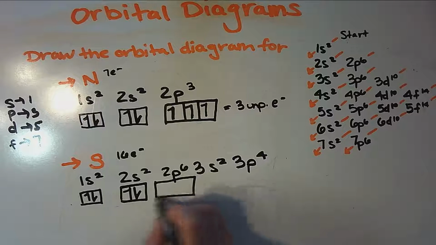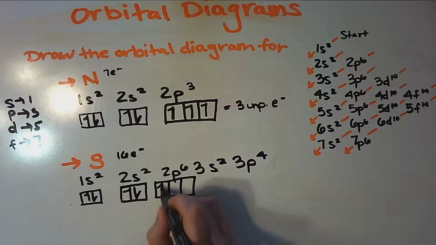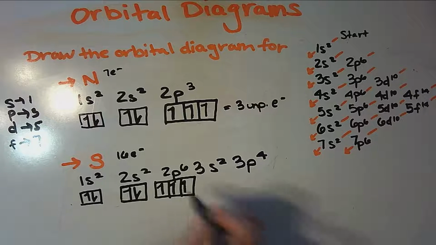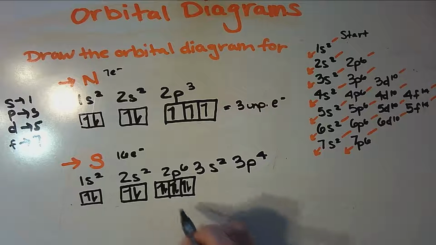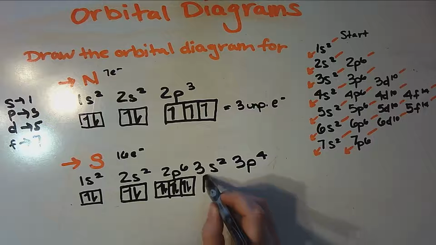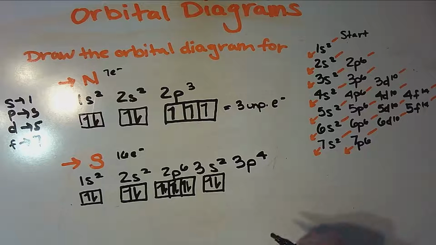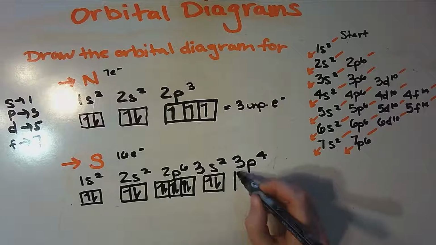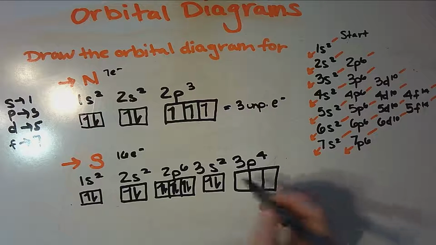2p6, there's 6 electrons total, but remember they're going to try and fight for their own spot first before pairing up and having opposite spins. 3s2, 2 electrons with opposite spins, and 3p4. So I have to remember Hund's rule.